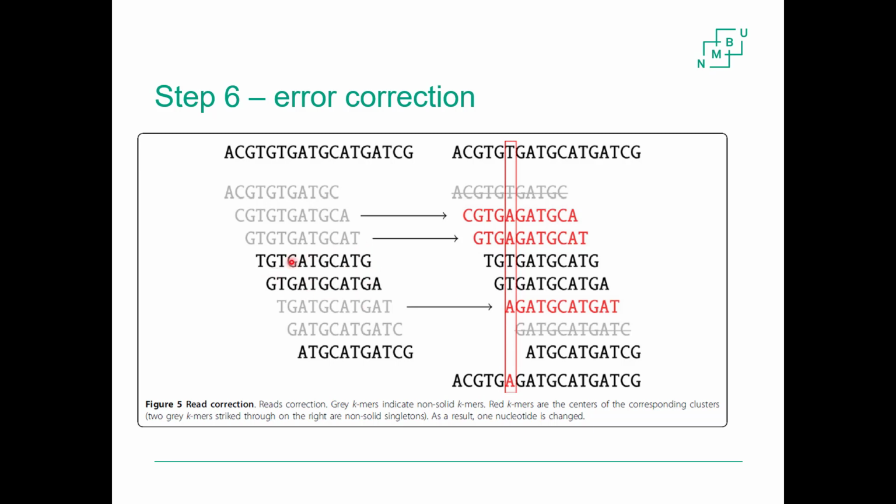How is it possible that these 2 K-mers are solid without having corrected the T here? Since these solid K-mers appear, there must be a number of other reads covering this region, giving rise to these K-mers here. They must come from some other reads that cover the same area.